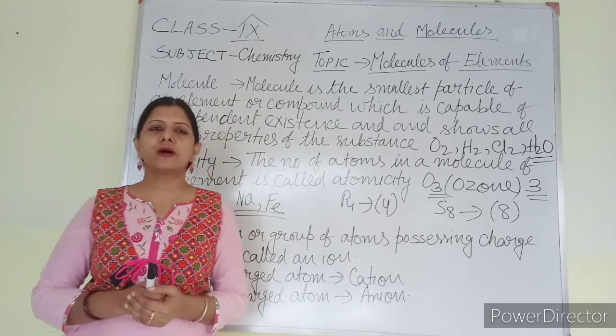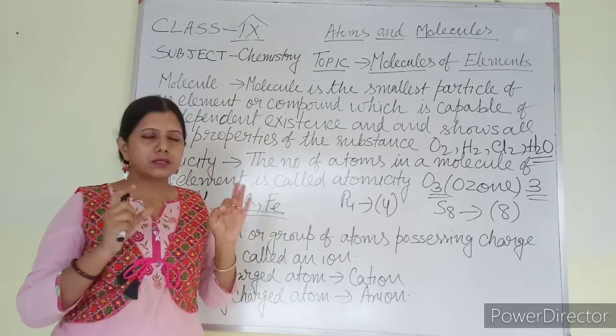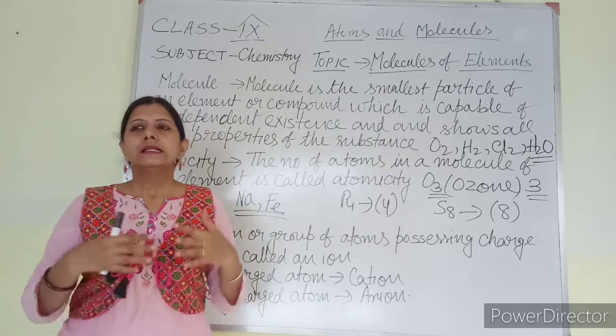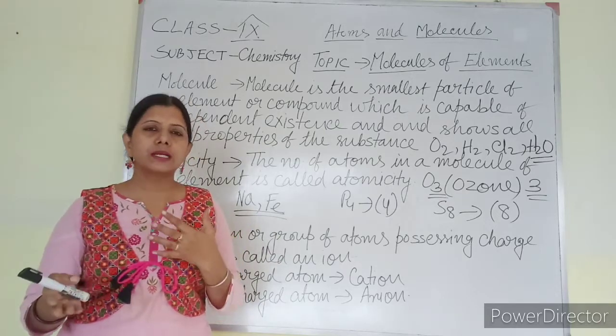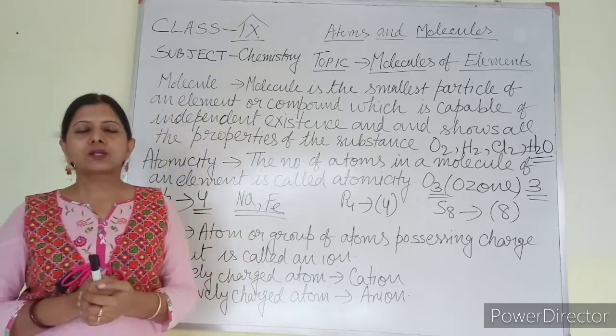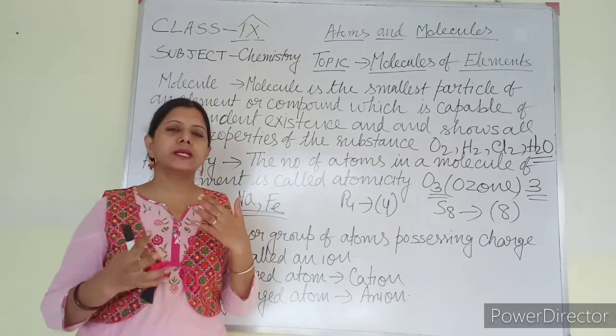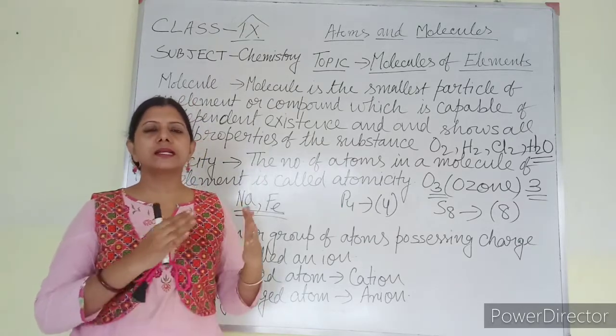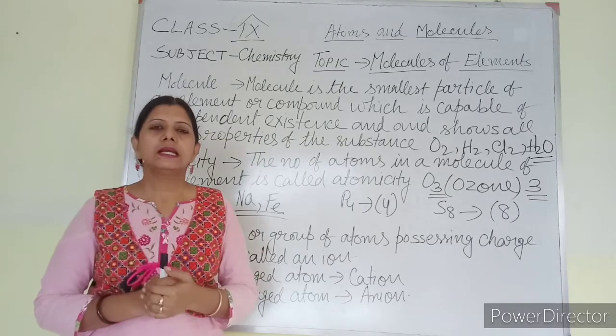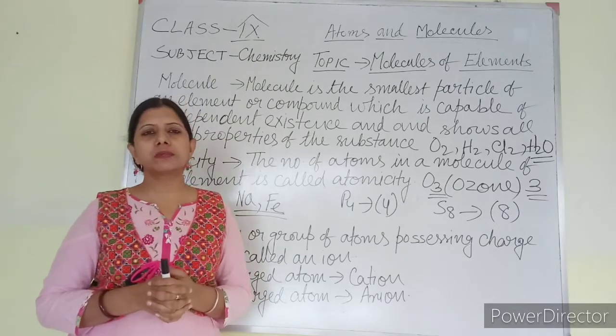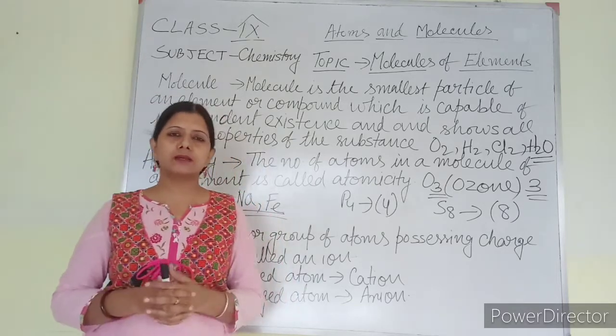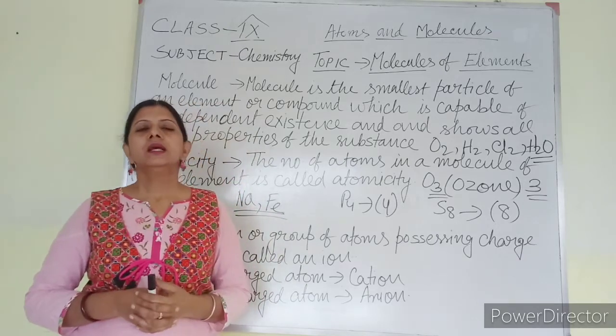Generally it has been found that some elements sometimes lose electrons or gain electrons. Actually one atom is made up of 3 kinds of fundamental particles: electron, proton and neutron. Proton and neutron are present at the nucleus of the atom, that is at the center of the atom.